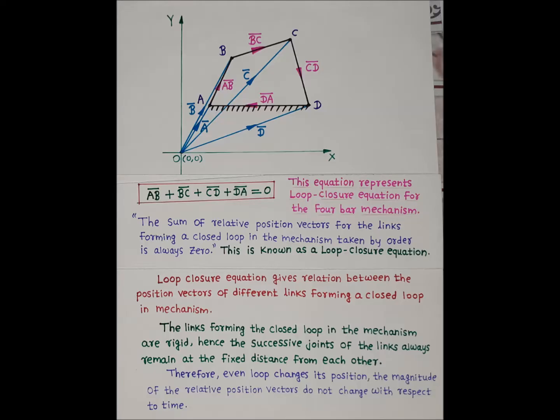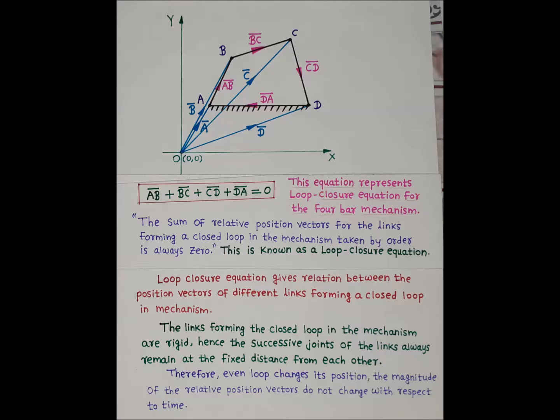For AB bar, the length of that vector will be the same, but as the mechanism operates, the position of AB bar will change. The same happens for BC bar. It will always be along link BC and its magnitude will be the same.